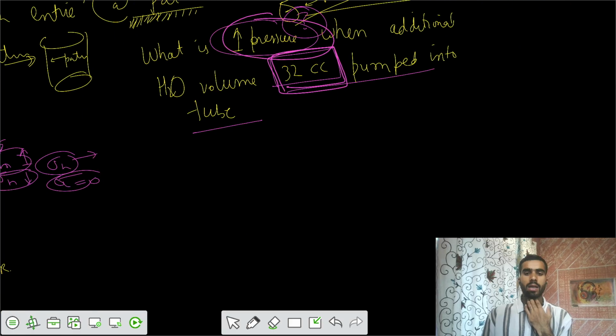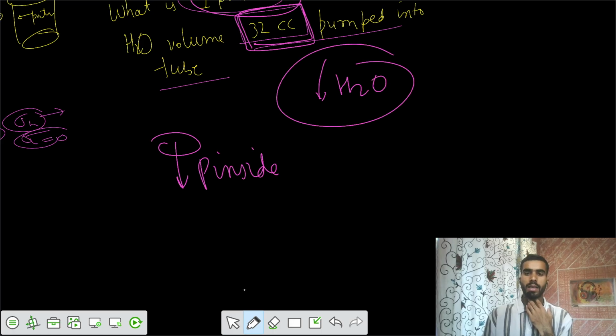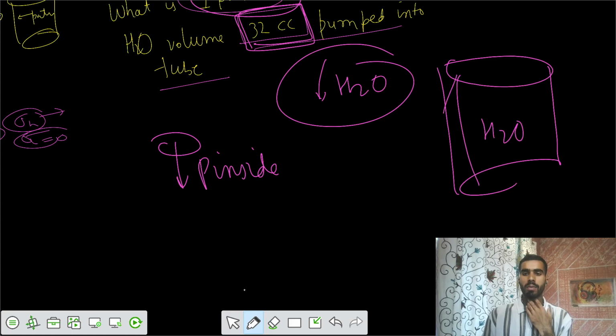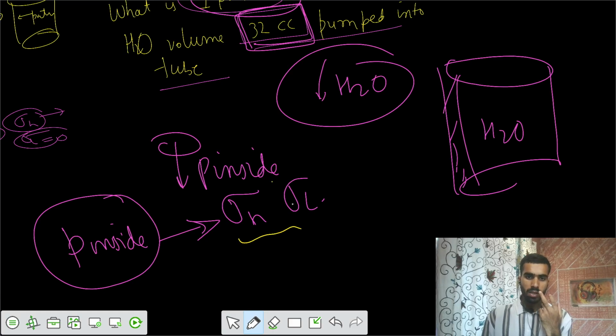You add some extra water, so there is development of Hooke stresses and longitudinal stresses inside the material, and because of those stresses there is development of strain.